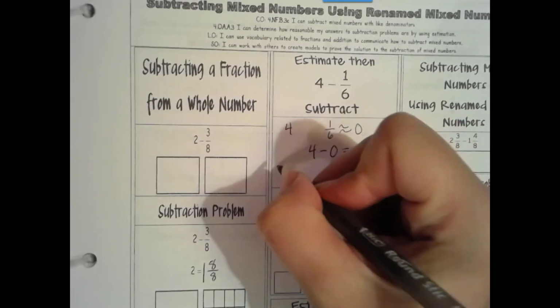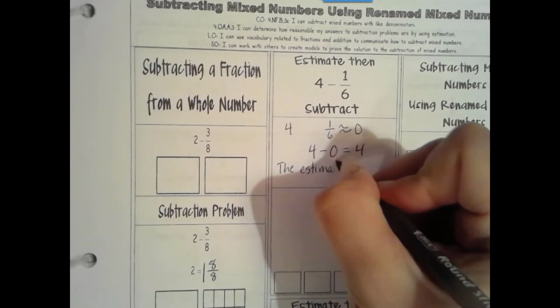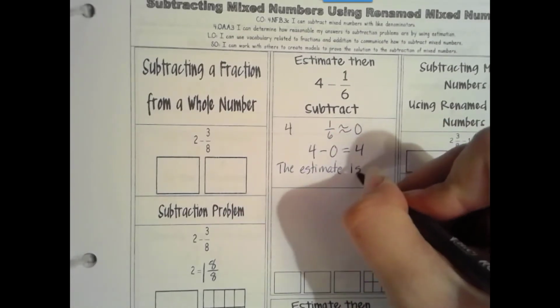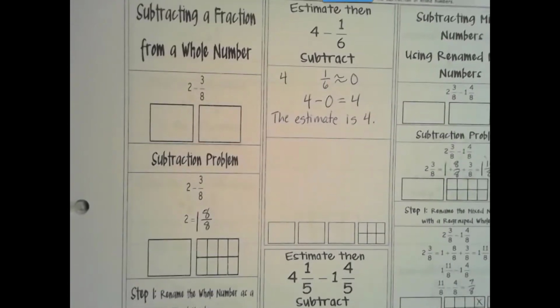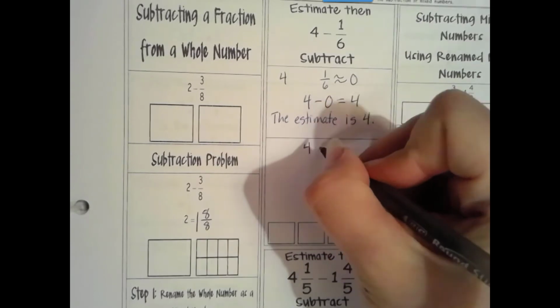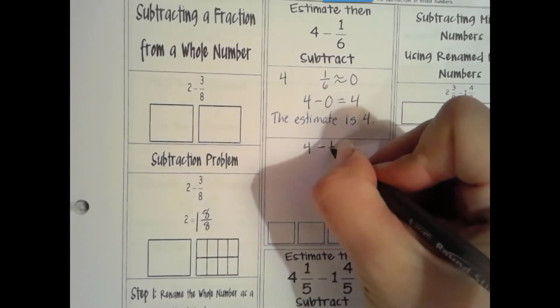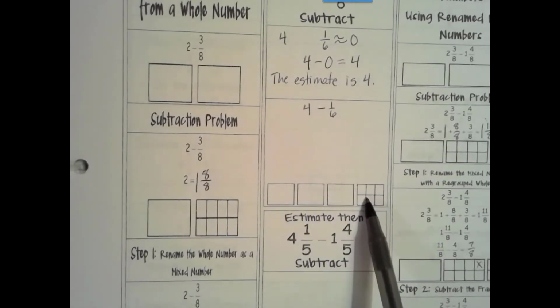So the estimate is 4. So I have 4 whole, and I need to take away 1/6. So here's my 1, 2, 3, 4 whole.